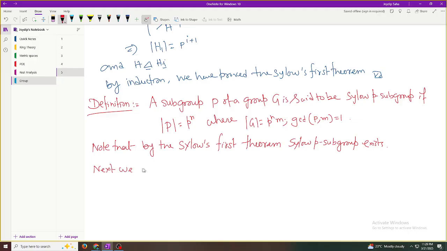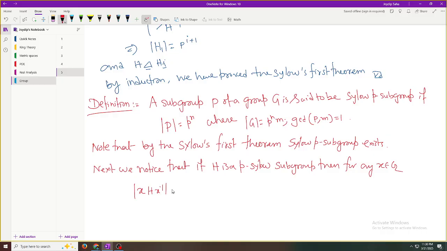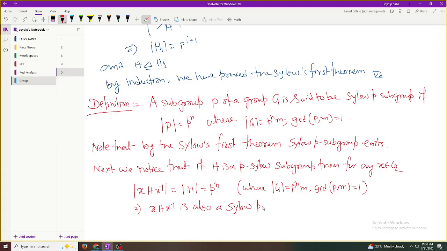Next we notice that if H is a Sylow p-subgroup, then for any x belonging to G, the cardinality of xHx inverse equals the cardinality of H, which is p to the power n, where the cardinality of G is p to the power n m. So xHx inverse is also a Sylow p-subgroup.